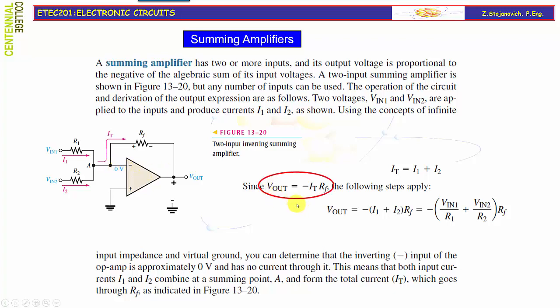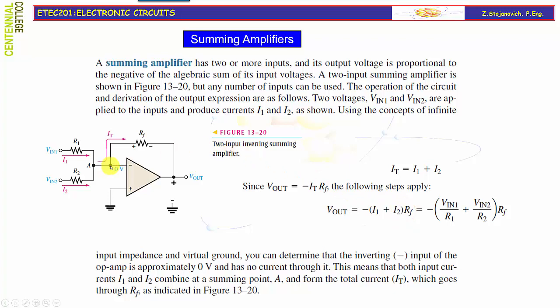This equation shows us that Vout plus IT RF must be equal to 0. If we substitute IT here with the sum that we already achieved by applying Kirchhoff current law at node A, you will get an expression for the output voltage as a function of the sum of two currents.